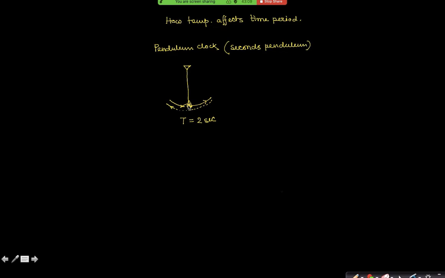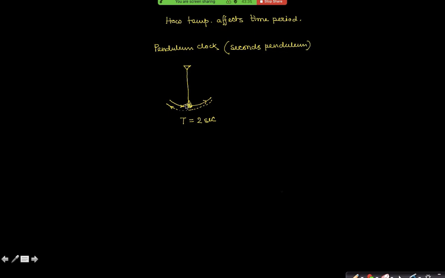Now suppose the pendulum takes not 2 seconds but 1.5 seconds to come back to the same position. Will the clock show the correct reading, or will it be a fast clock or a slow clock? It will be a fast clock.